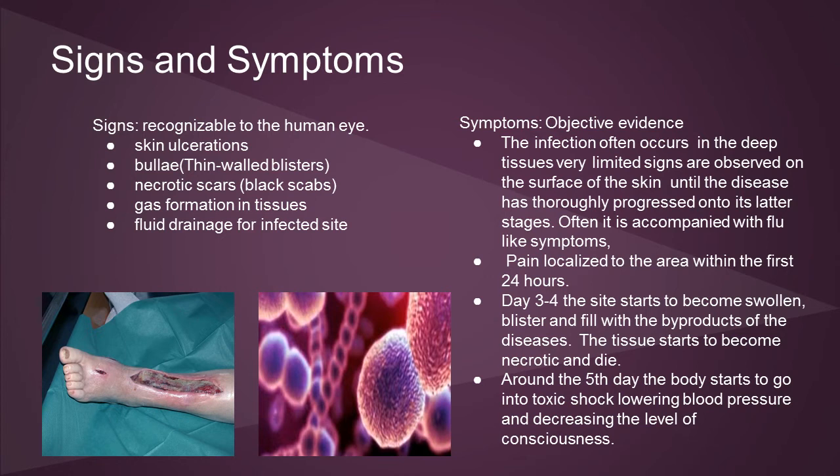Upon day 3 or 4, the site starts to become swollen, blister, and fill with the byproducts of the disease. The tissue starts to become necrotic and then die. Around the 5th day, the body starts to go into toxic shock, which lowers the blood pressure and decreases the host's level of consciousness.